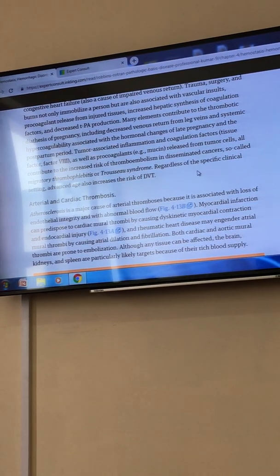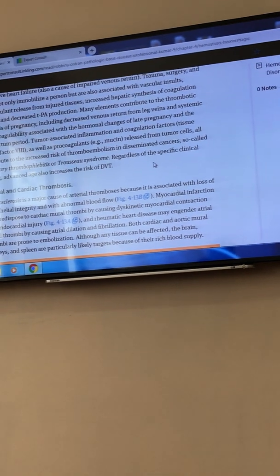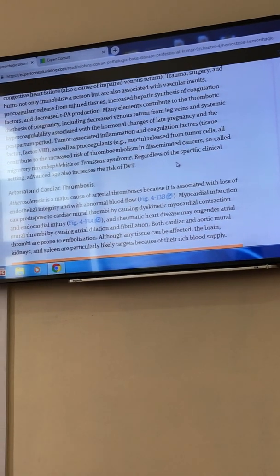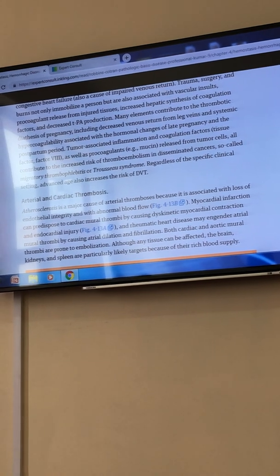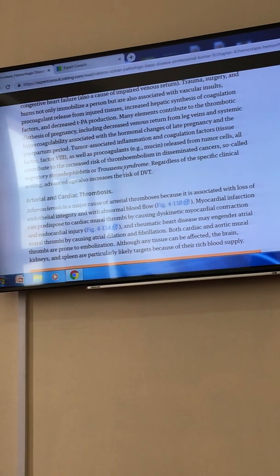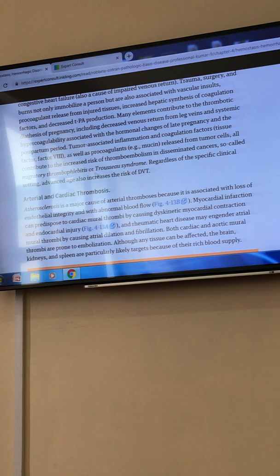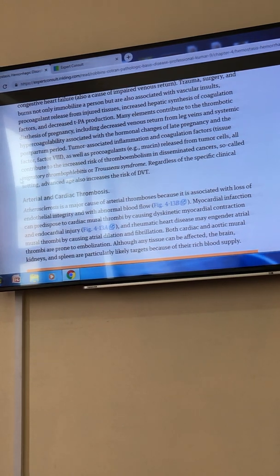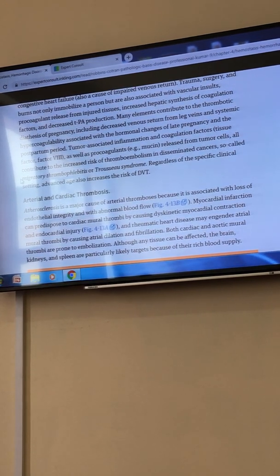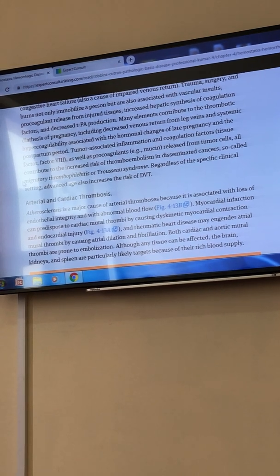In cancers, thromboembolism in metastasized, disseminated cancers is also called migratory thrombophlebitis or Trousseau syndrome. So this term is used in cancer patients that have metastasizing tumors.